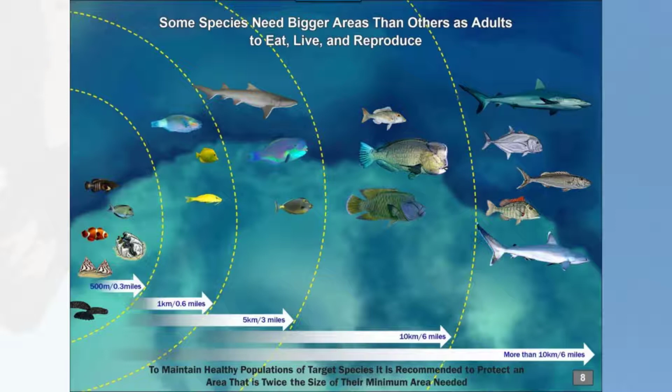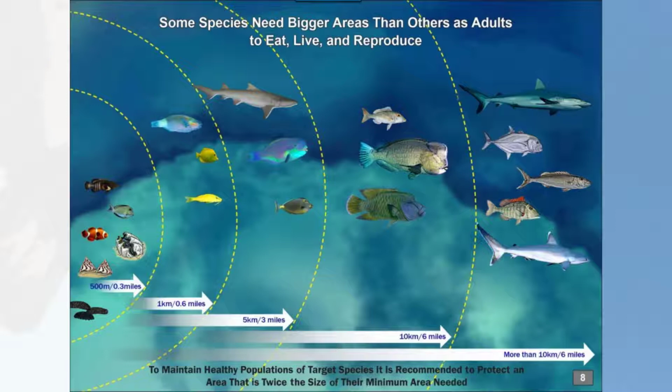In this figure, we have smaller fish as well as clams and other invertebrates that are located on the left-hand side, which might travel maybe a maximum distance of 500 meters to a little under half a mile. And from there you have larger and larger species of fish, as well as cartilaginous fish, that are going to have a much wider dispersal.